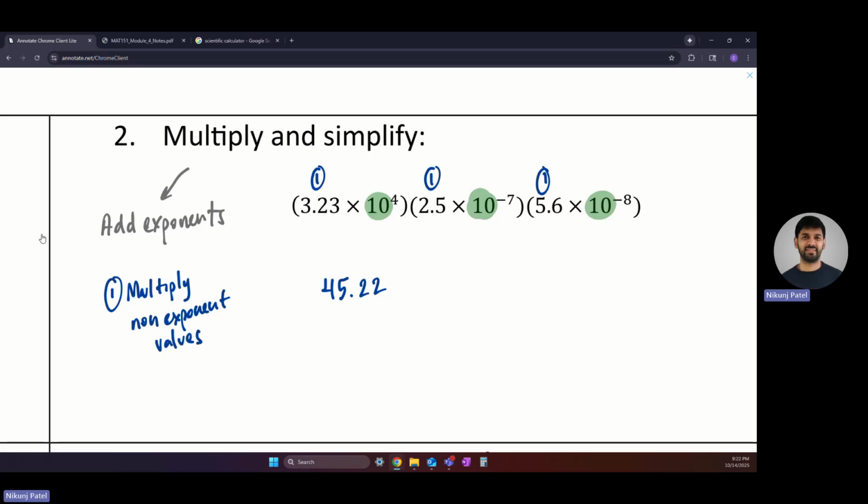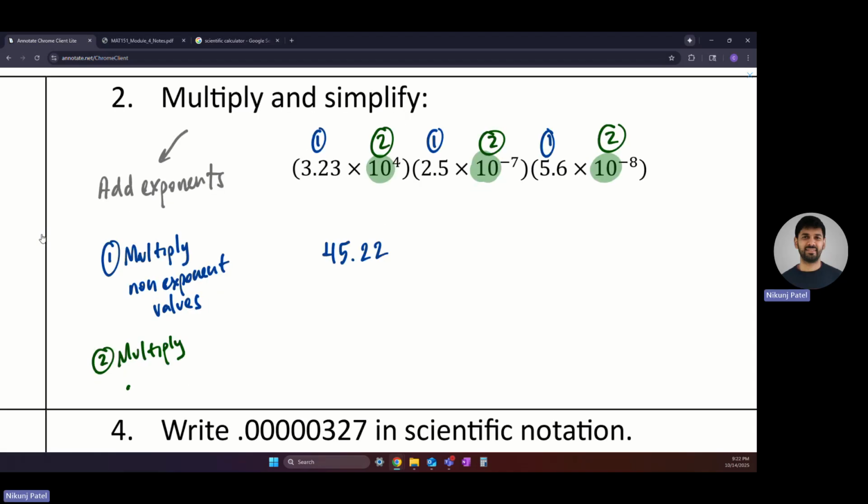Then the next step would be to multiply the values that have exponents. So multiply exponent values, and I'll put in parentheses, add exponents. If we're multiplying all of these, that's the same thing as taking each exponent and adding them up.